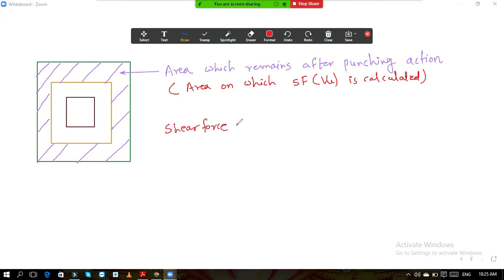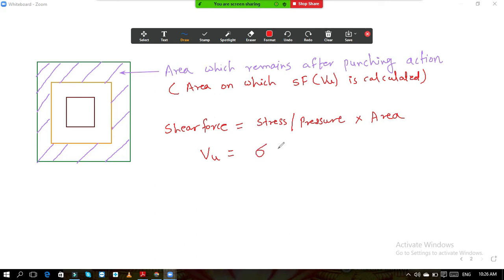So I will write here, shear force is equal to stress or pressure. It is the stress due to soil, or soil pressure, that is stress into area. The basic formula, force is nothing but stress into area. The simple formula we have written over here. So the notation for shear force is VU, which is equal to our soil pressure. The stress is sigma.